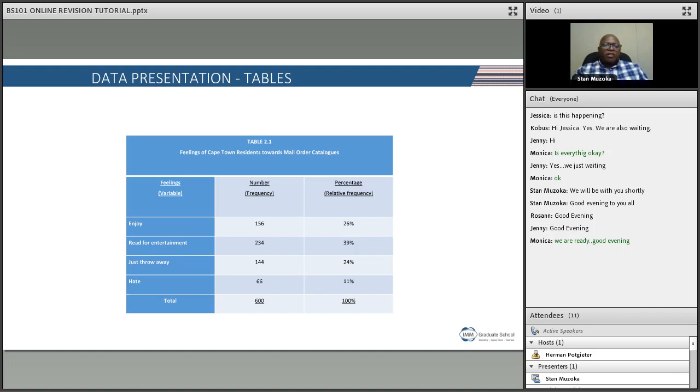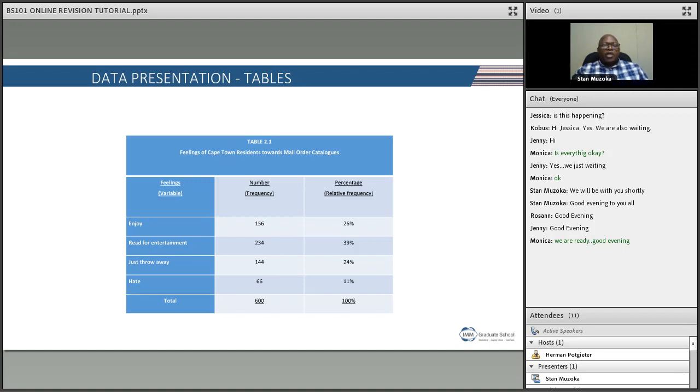We found that the number of people that enjoyed receiving these mail order catalogs was 156. Those who read for entertainment, 234. Those who just throw them away, 144. Those who hate the process of receipt and sending of the catalogs, 66. In total, 600 people were surveyed.